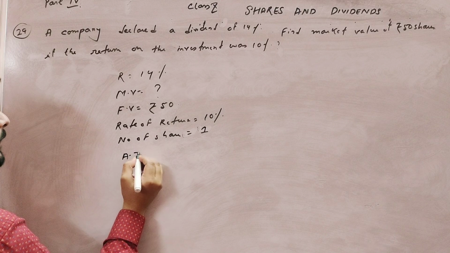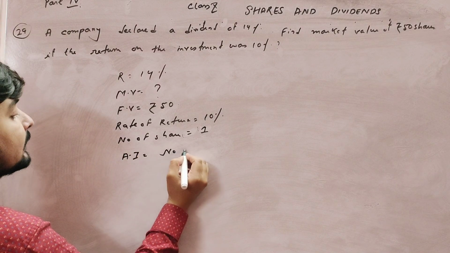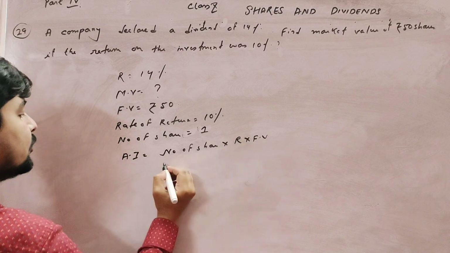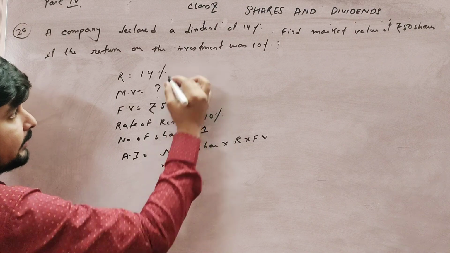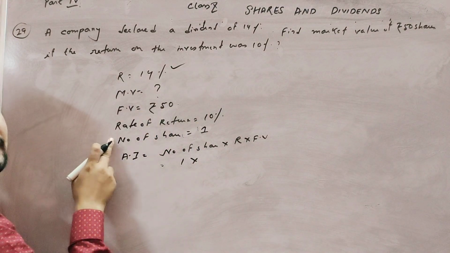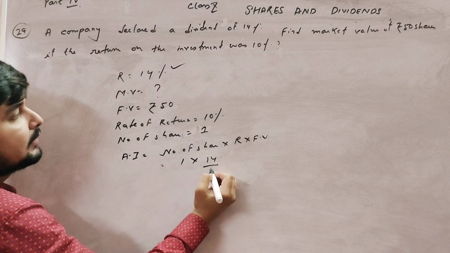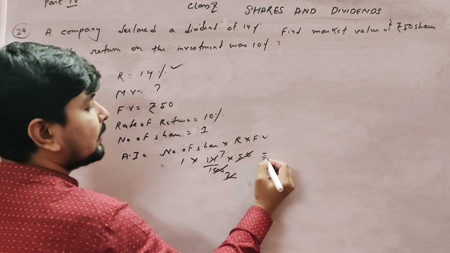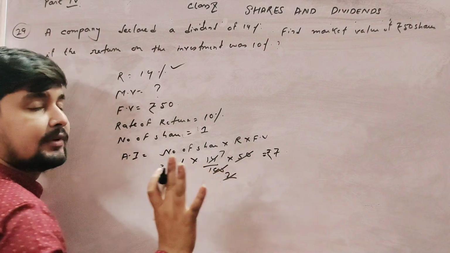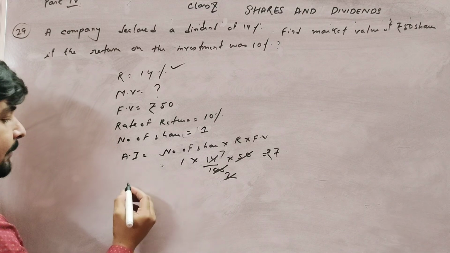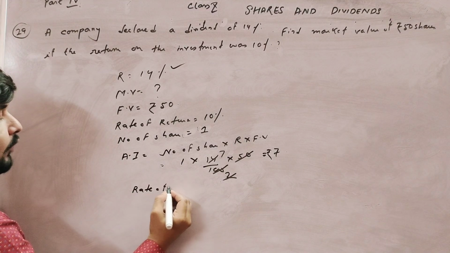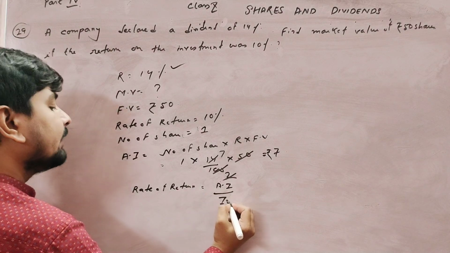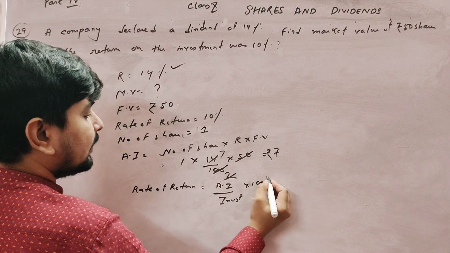First of all, calculate the annual income. The annual income formula is number of shares into rate into face value. The number of shares is 1, the rate of dividend is given as 14%, and the face value is 50. So the annual income from 1 share is rupees 7. We know the rate of return formula: rate of return equals annual income by investment into 100.